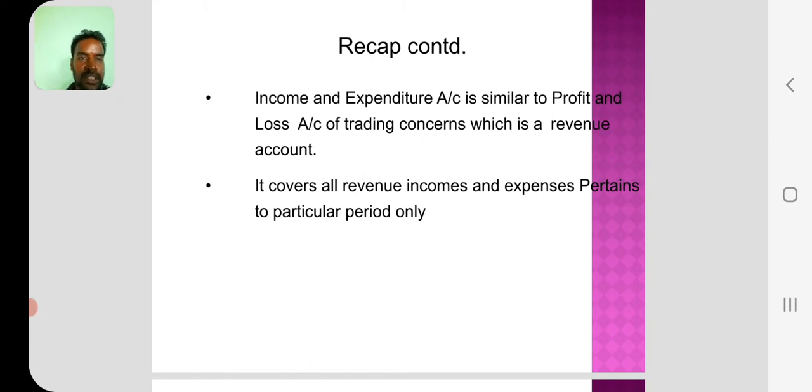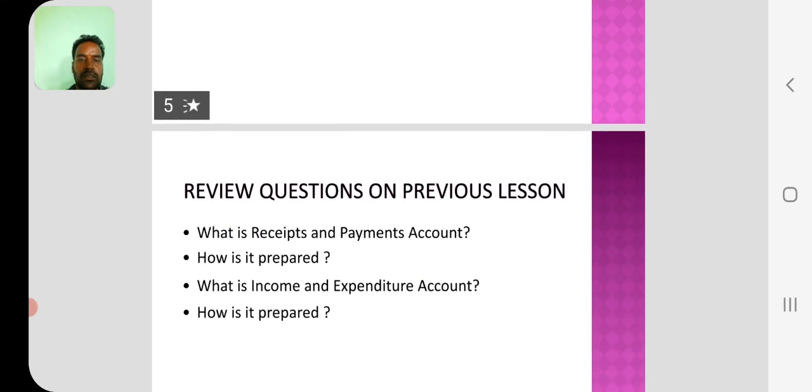Next, we discussed that income and expenditure account is similar to the profit and loss account of trading concerns, which is a revenue account. It covers all revenue, incomes, and expenses pertaining to a particular period only.